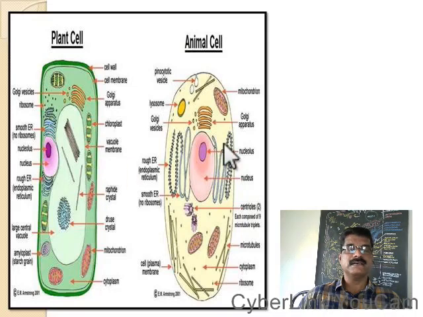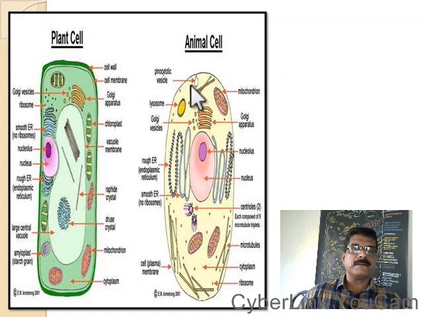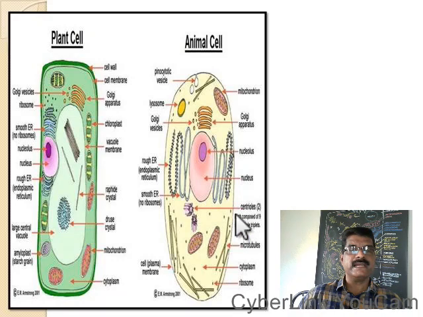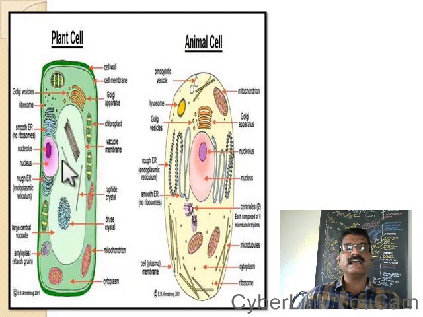Before that, see, in both the cells, the nucleus is covered by a nuclear membrane. So, in between the cell membrane and the nuclear membrane, there is a jelly-like fluid present.